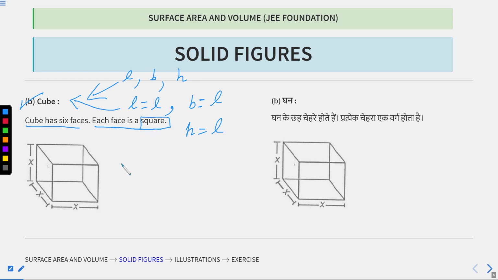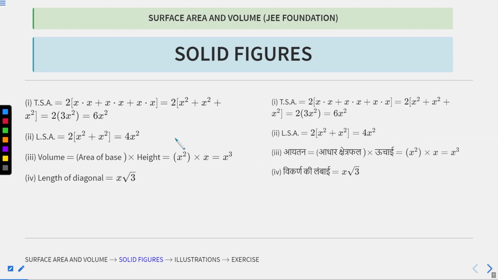Okay, and the same formulas will hold here, but we substitute the values because all the sides are equal to each other. So let's see how our formula will look.